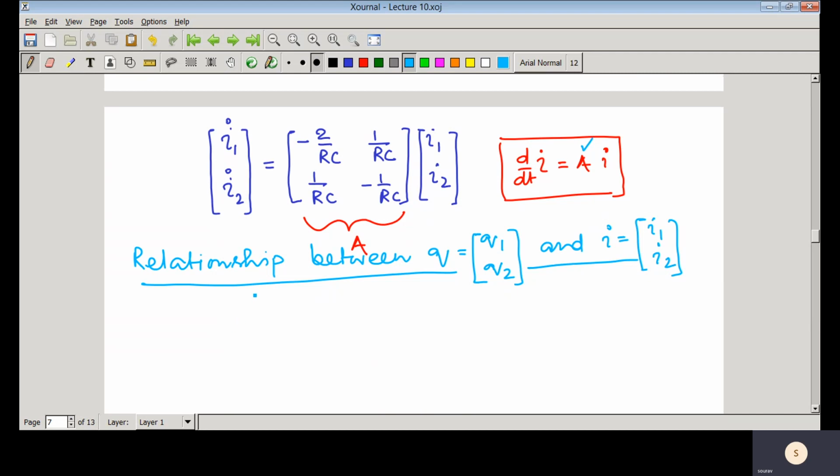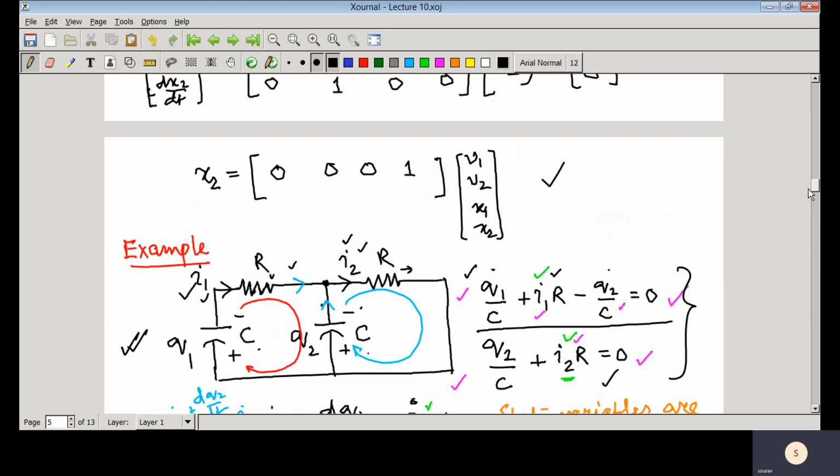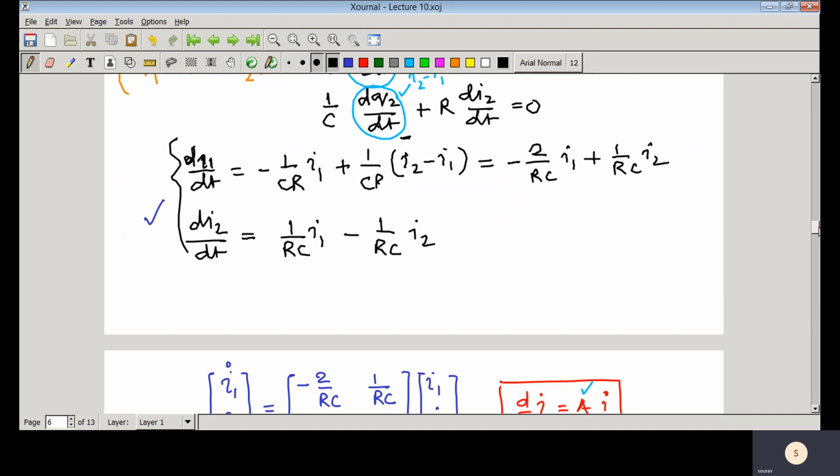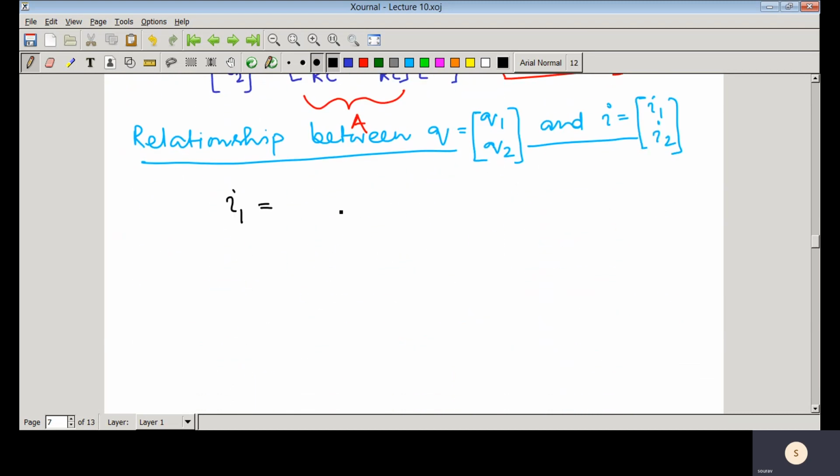We have already derived that relationship. You can see here at the very beginning we derived these two relationships: if we apply KVL here, we get I1 equal to minus 1 by RC Q1 plus 1 by RC Q2, and I2 equal to 1 by RC Q2.